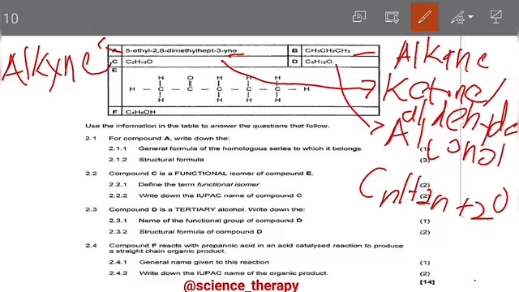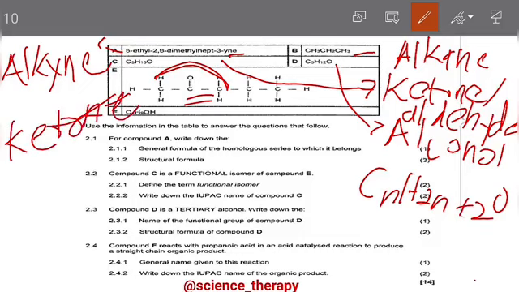Then we have E, looking at where our double bond is. It's in the central carbon atom, meaning it's in between the carbon atom that is surrounded by other carbon atoms. So we can tell that this is a ketone. This is a ketone, the functional group is the carbonyl group.